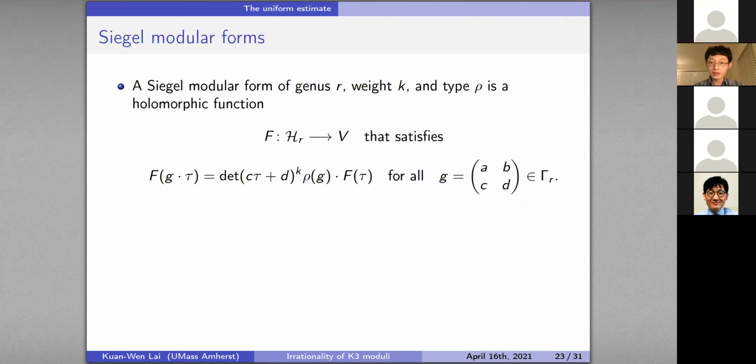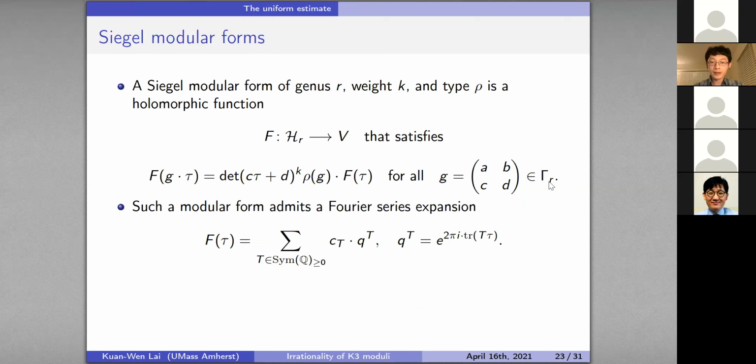which is quite similar to all of the previous cases. Similar to the scalar and vector cases, such a modular form also has a Fourier series expansion, but it's more complicated here in that the summation is indexed by symmetric R by R matrices T with entries in the rational numbers which are semi-positive definite.